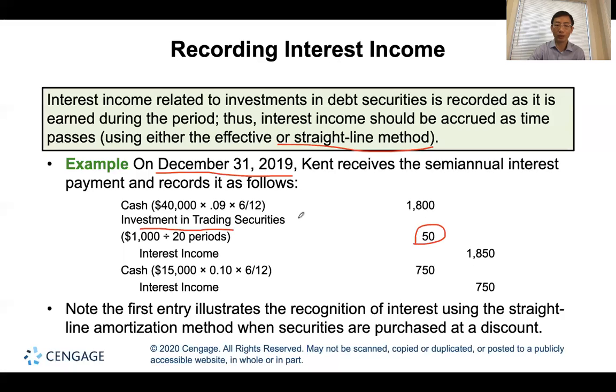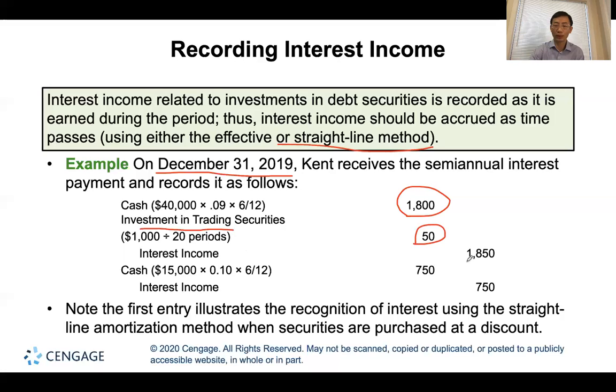So we will receive 1,800 cash, and also amortize the discount of $50. So debit cash 1,800, debit investment in trading security to amortize the discount, and credit interest income.